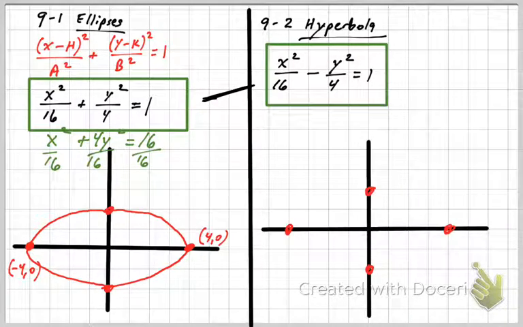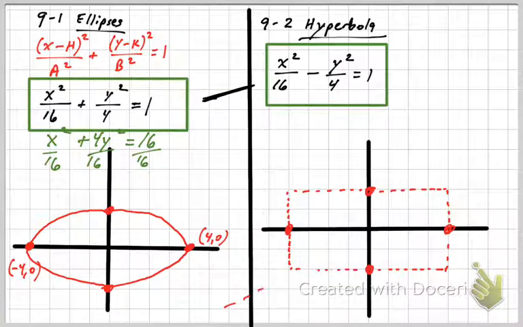If it was an ellipse, I'd make an ellipse. This is not an ellipse, so I make what's called a rectangle. I'm going to do it dotted because the rectangle is not part of the graph. Then I'm going to do the diagonals of that rectangle.